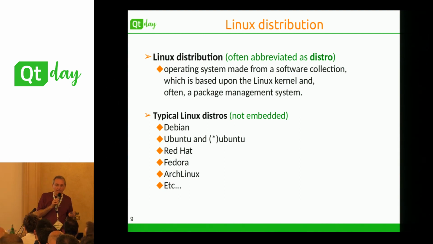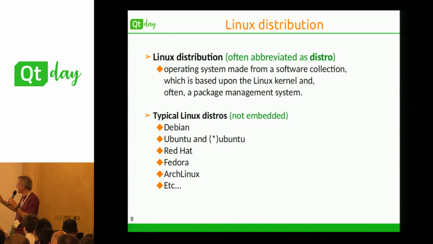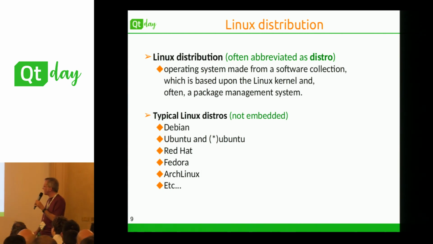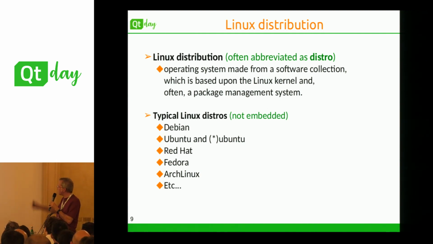So, what can we do with the Linux distribution? We can use a normal distribution or an embedded one. If we consider the normal distribution, we have several possibilities. Those listed here are not embedded. We can have the Debian family, including Ubuntu and all the variants, and Red Hat, Fedora, and many other variants. There are a lot of other distributions available, of course. Depending on the version of the distribution that you are using, you may have different packages doing the same thing.